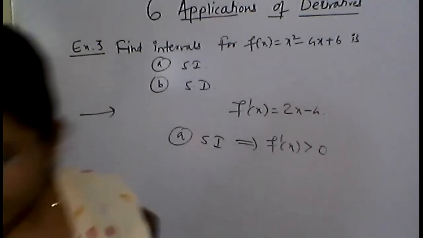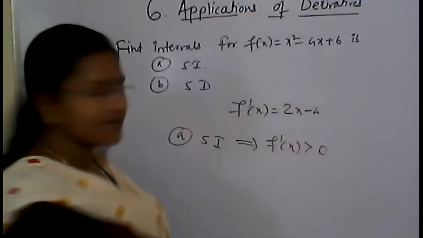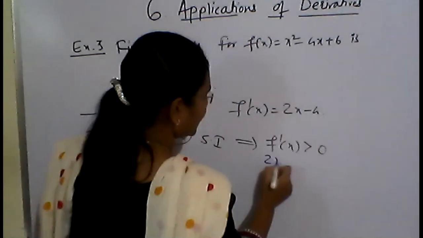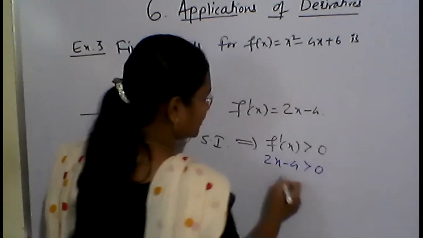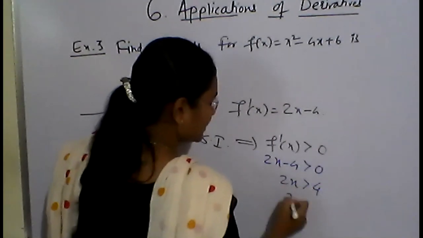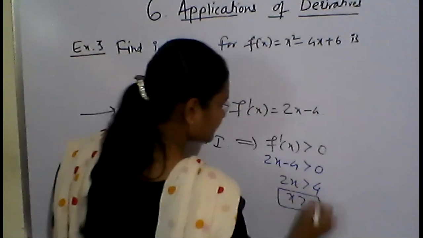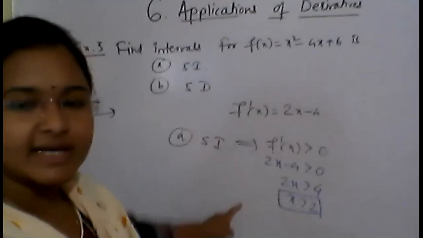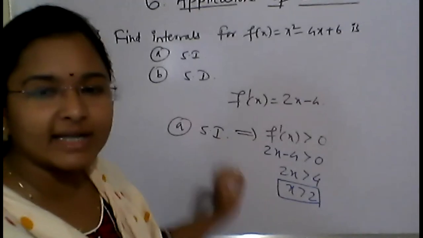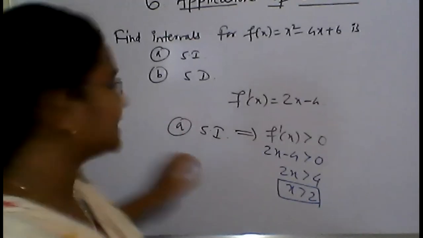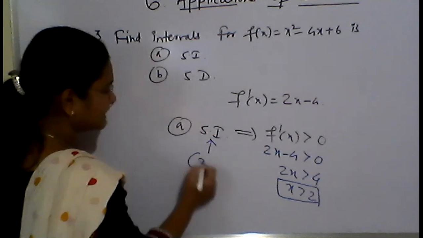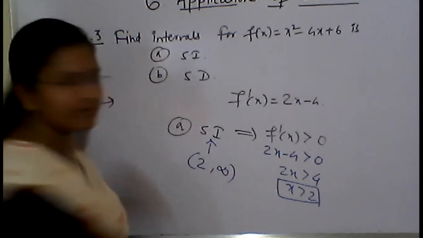We need to get it positive. So if we put 2x minus 4 greater than 0, 2x is greater than 4, x is greater than 2. So x is strictly greater than 2, which means the function is strictly increasing on the open interval 2 to infinity.